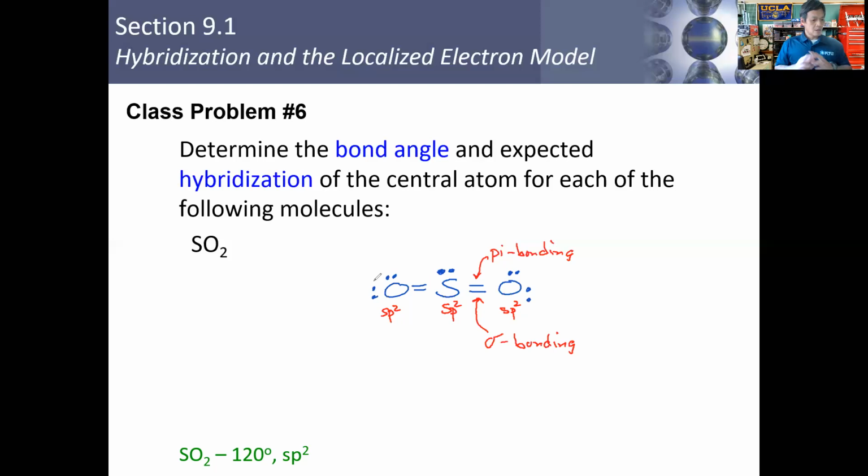What I would like you to do on your paper is finish out with krypton difluoride, carbon dioxide, and iodine pentachloride. Tomorrow, I'm going to go over a couple of those with you. But on your paper for today, at the end of the period, I want you to submit it. I want you to characterize and draw out the structures for the remaining 3.